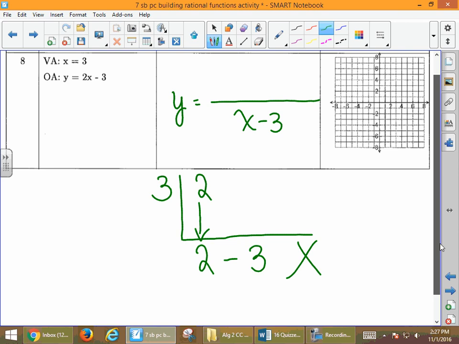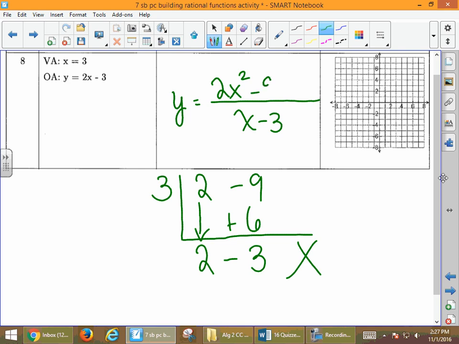3 times 2 is 6. It's a positive 6. But what number plus 6 gives us -3? -9. Again, it doesn't matter what we have here in terms of the remainder. So in terms of this, we get 2x squared minus 9x.